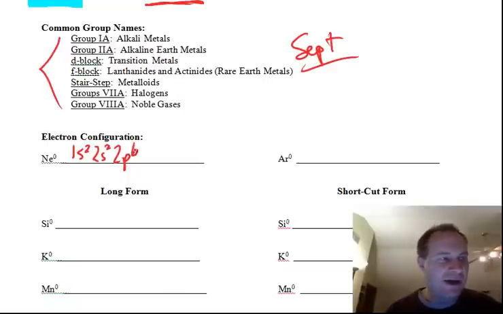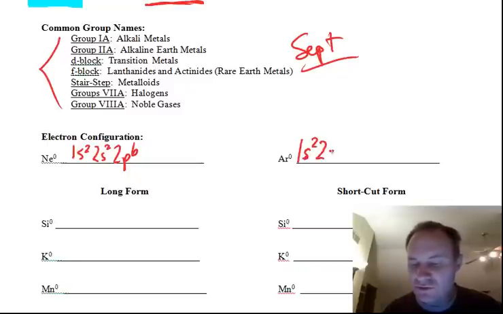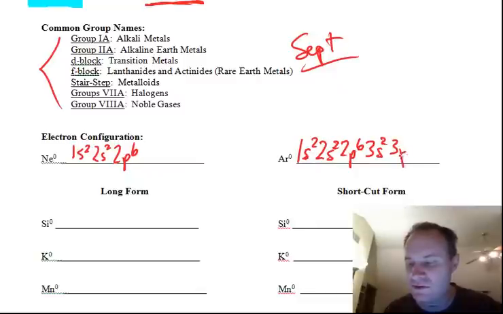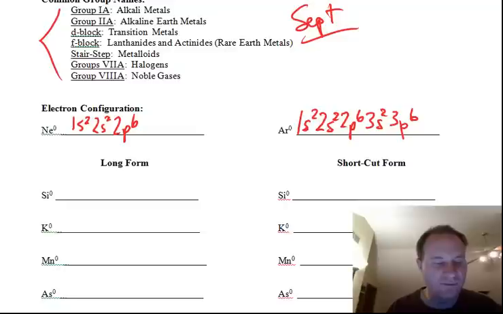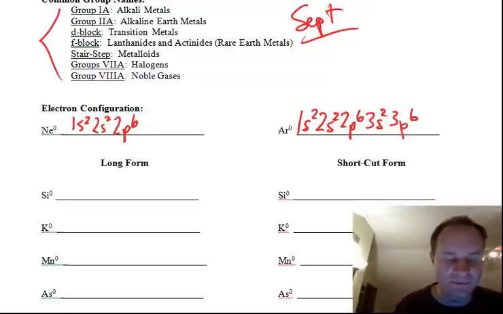And if we look at argon, argon would certainly be 1s2, 2s2, 2p6, 3s2, 3p6. Okay? And normally we would go through the long form, but I also want you to see, well, I'll do one quick example here.